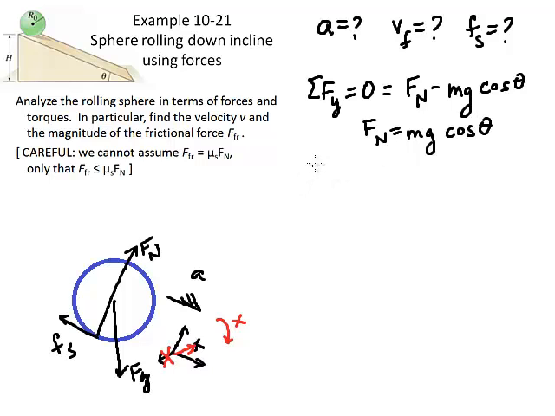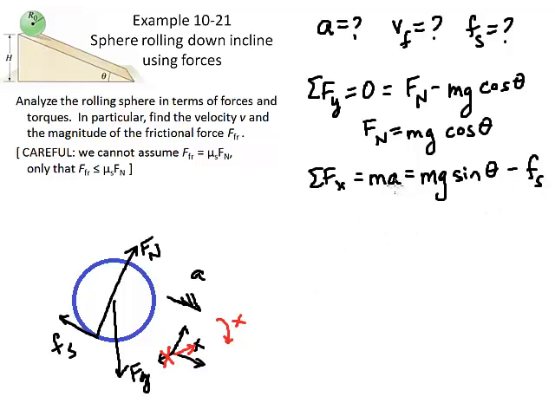In the x direction, sigma F in the x direction is equal to m times the acceleration down the ramp, which equals mg sine theta minus the force of static friction.